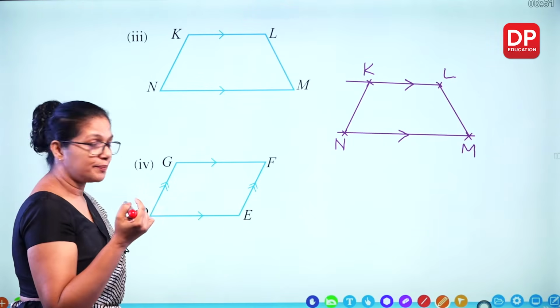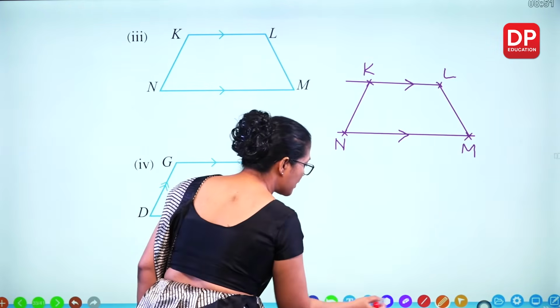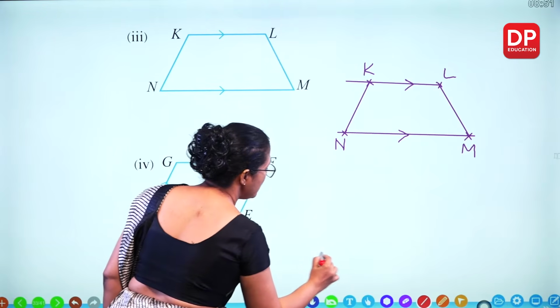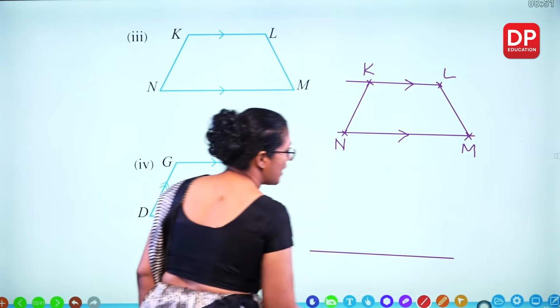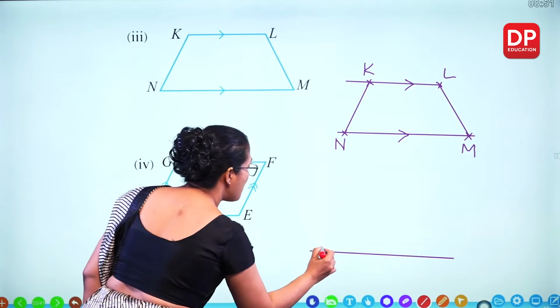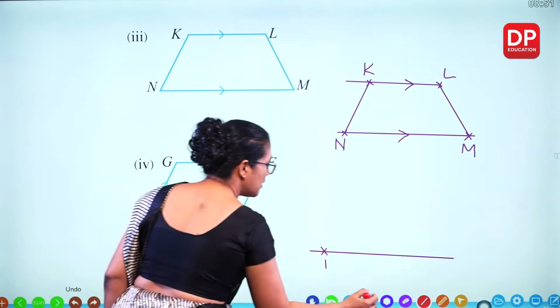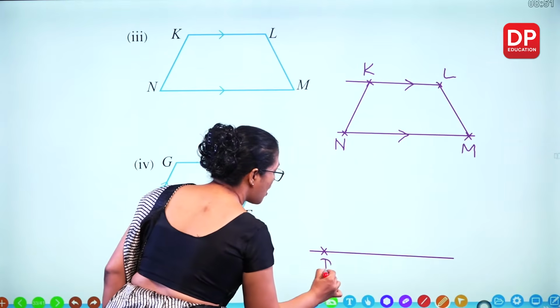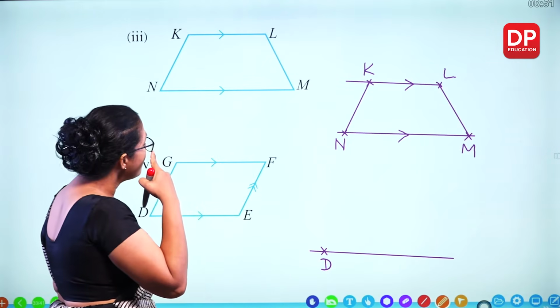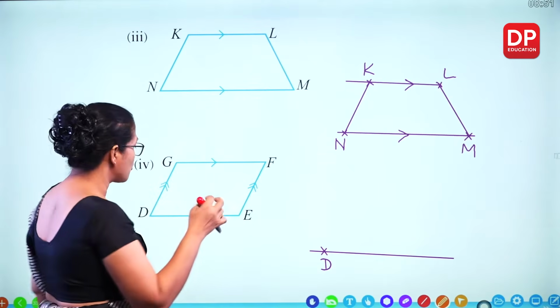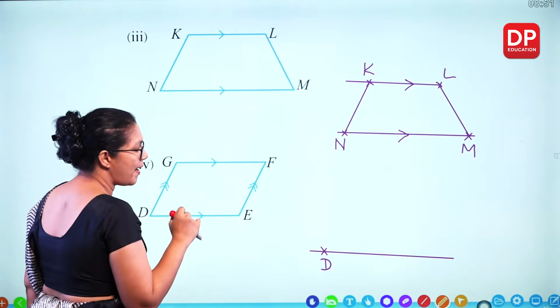Now a parallelogram. To draw a parallelogram, first you need to draw a straight line segment and mark D. And then here you need lengths because opposite lengths are equal in a parallelogram.